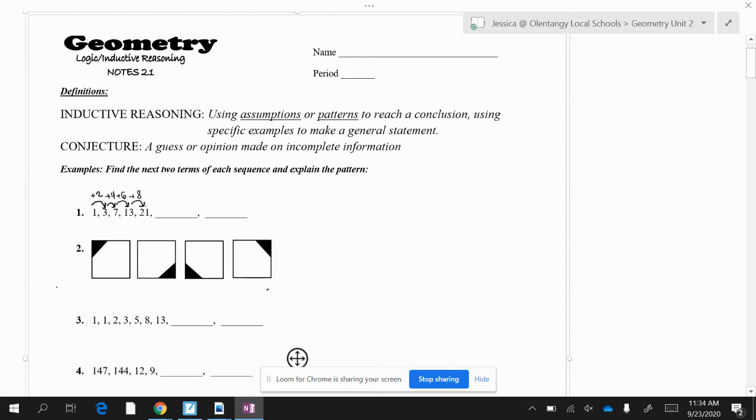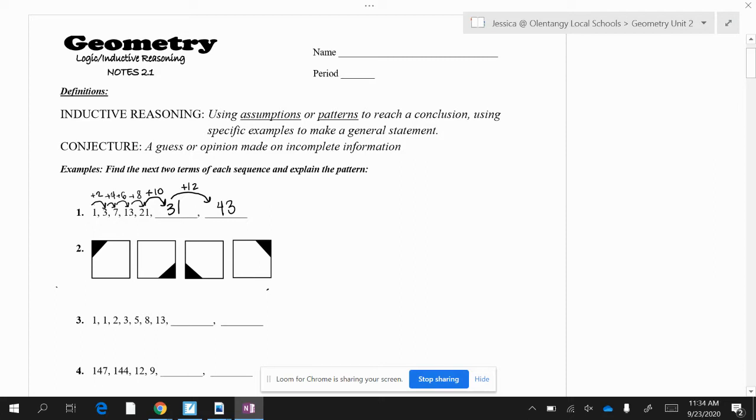So from 21 to our next term, after 8 would come 10. So 21 plus 10 is 31. And then we would be adding 12 because that is our next even number, so 43.